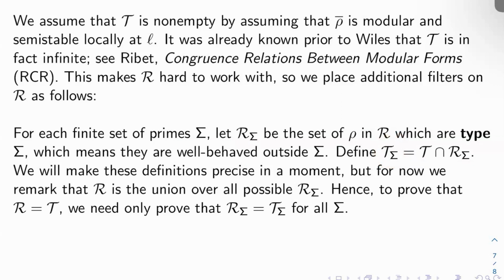Again, we'll make all these definitions precise later in this chapter, but for now, we'll just remark that it's not hard to see that R is the union over all possible R sub sigma. And so to prove that R equals T, what we're going to do instead is prove that R sub sigma equals T sub sigma for all sigma. And this turns out to be much easier because these are much smaller.